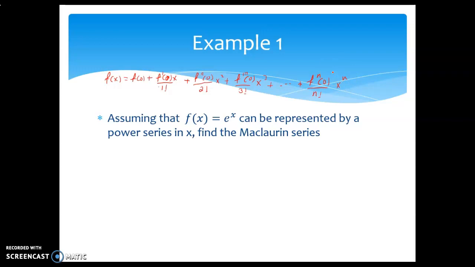Right now we're going to find these different terms, f of 0 and so forth. So what is my f of x?